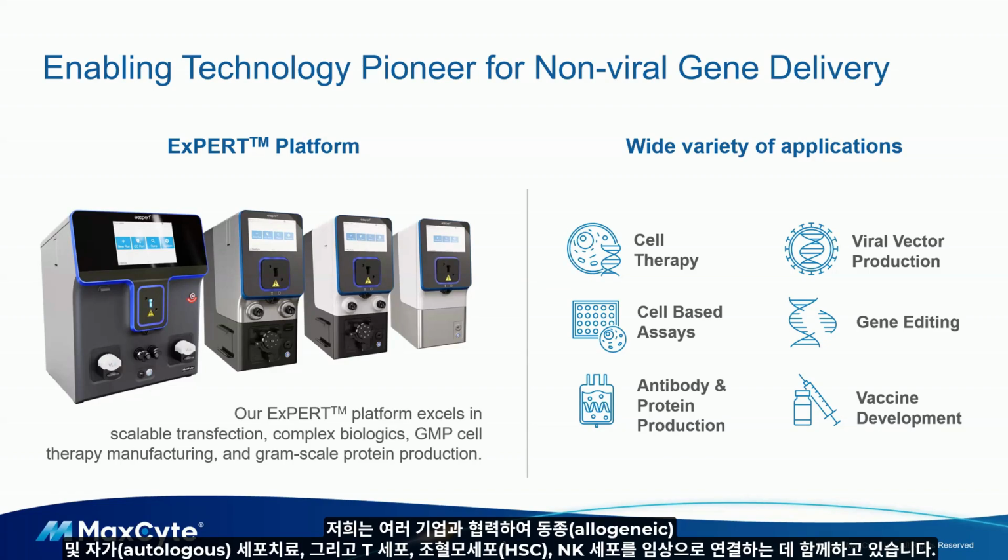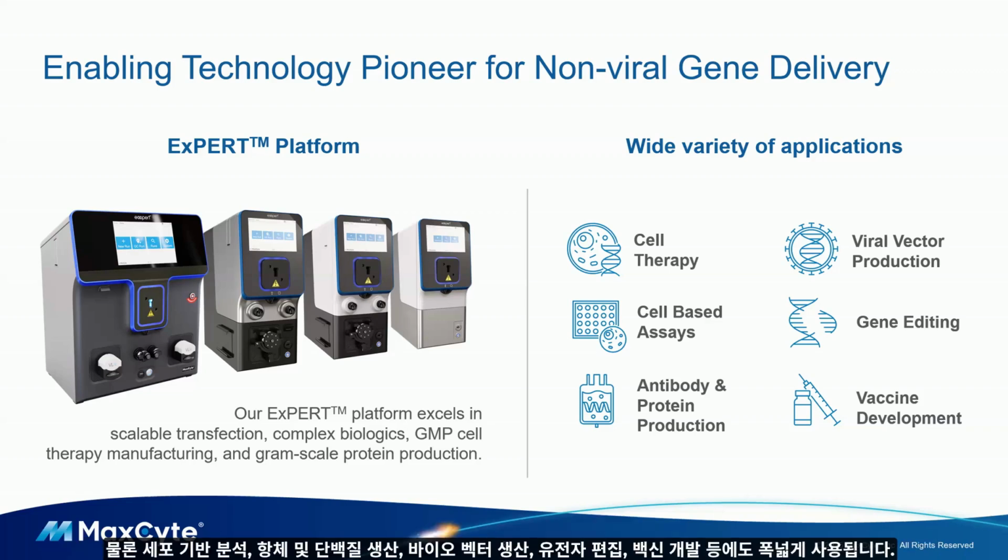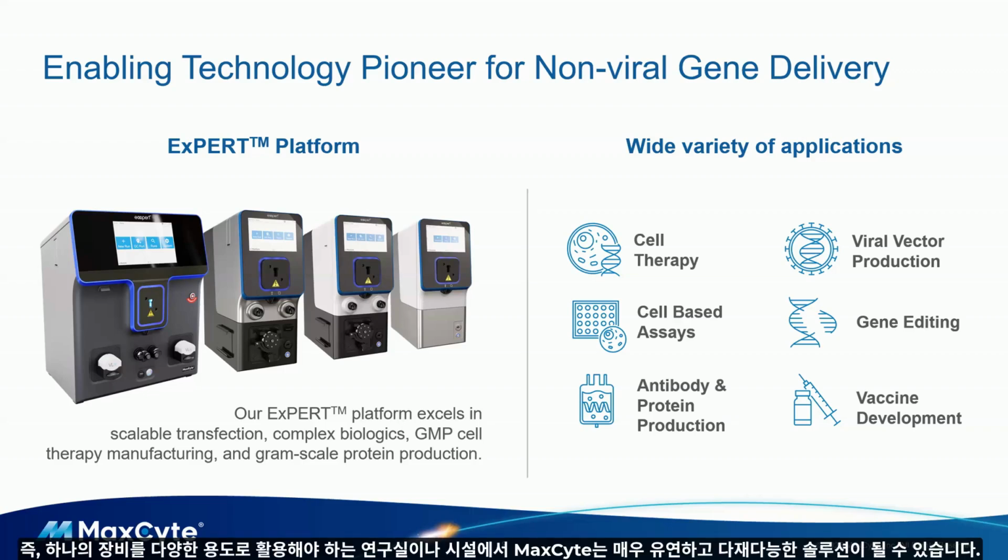Those details, if you're interested, we can share with you later, or you can find them on our website. We also do cell-based assays, antibody protein production, viral vector production, gene editing, and vaccine development. So there are a lot of application areas for our instrument. If you're in a facility that needs multiple use cases for the instrument before you can acquire it, MaxCyte is quite versatile.